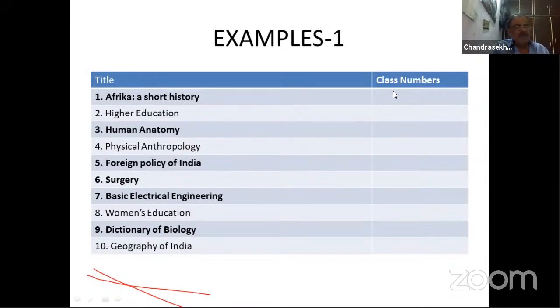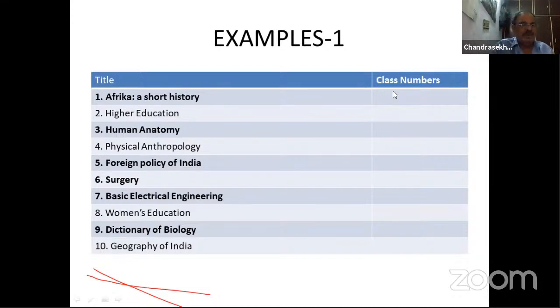Whenever you are adding, you add that number and check with the schedules whether there is any instruction given under that particular subject. Under biology 570, the standard subdivisions should be 0.1 to 0.9.